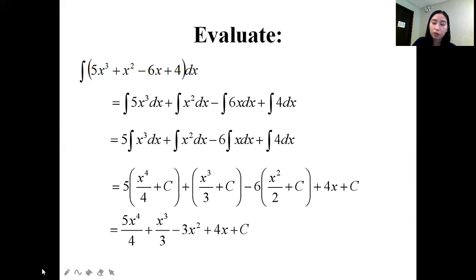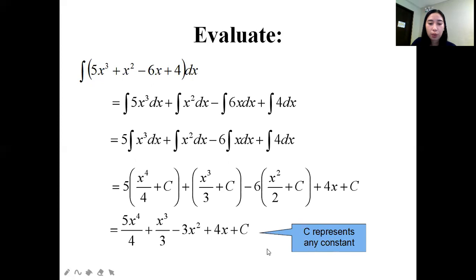This is our final answer, where c represents any constant. We don't need to write 3c, 4c, 5c. C is any constant.